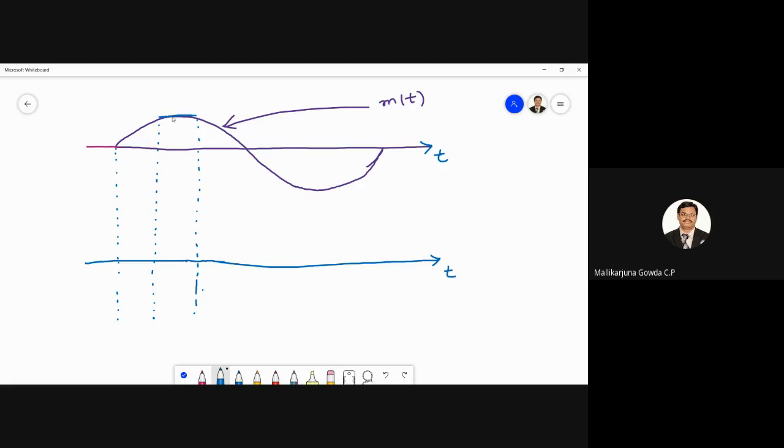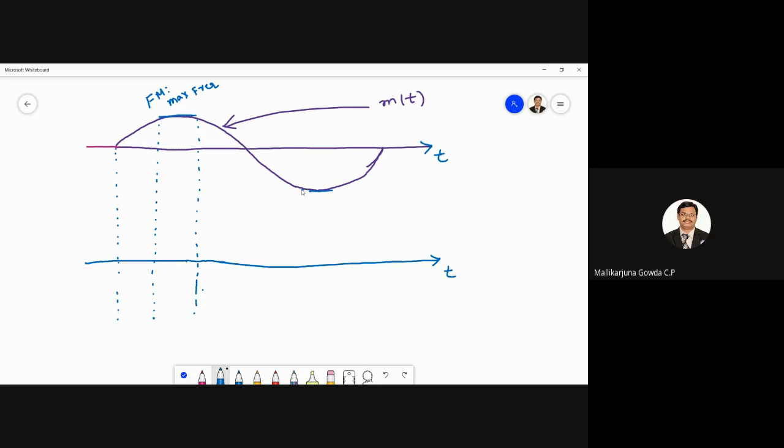So here m of t is maximum, no? So we expect more number of cycles in this duration. This is the maximum frequency for FM. At this point of time, there will be maximum frequency. This is the positive peak, right? And this is the negative peak of the message signal.